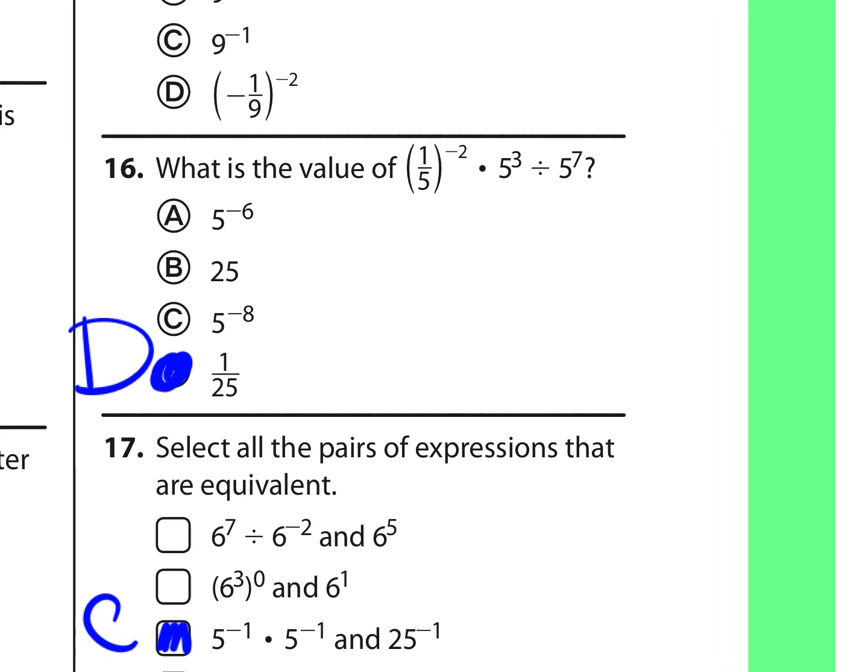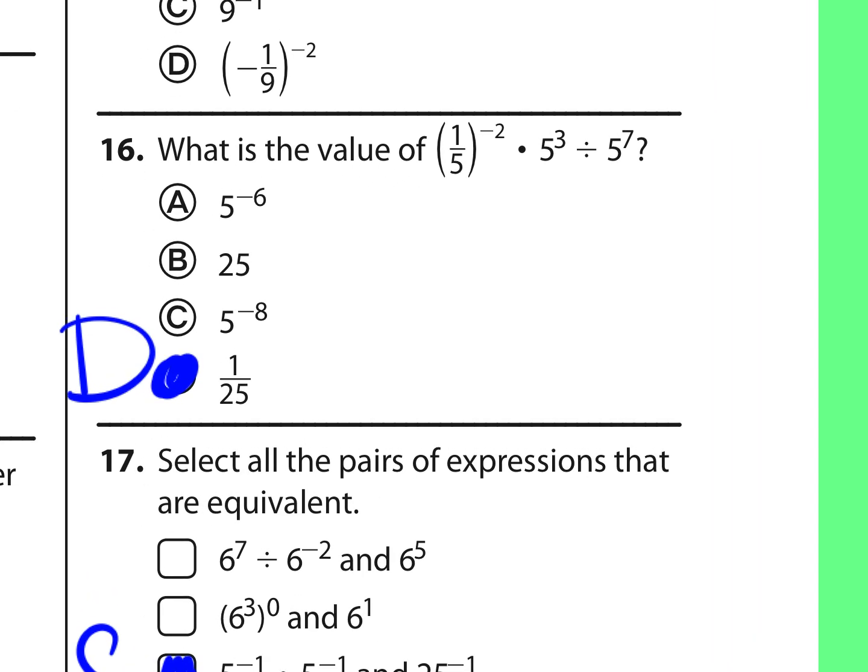Looking at number 16, this one does look a little different. And one thing that I can point out that doesn't always stand out is when you have something like 1 over a number, we can actually rewrite that as that denominator 5, which was to the 1st power, is now negative 1, and this is raised to the negative 2nd power.